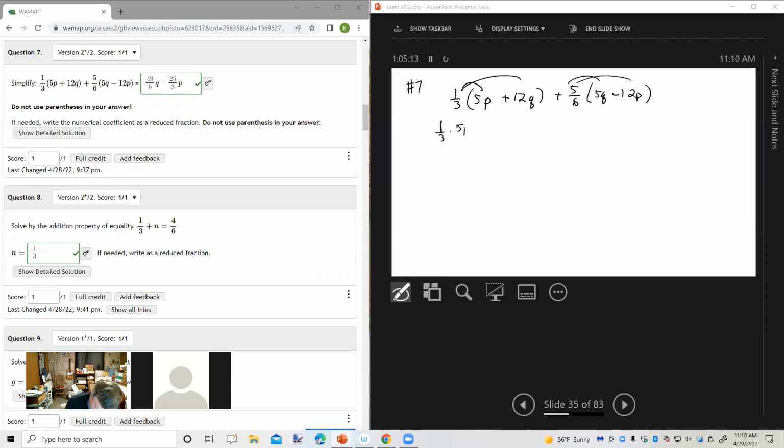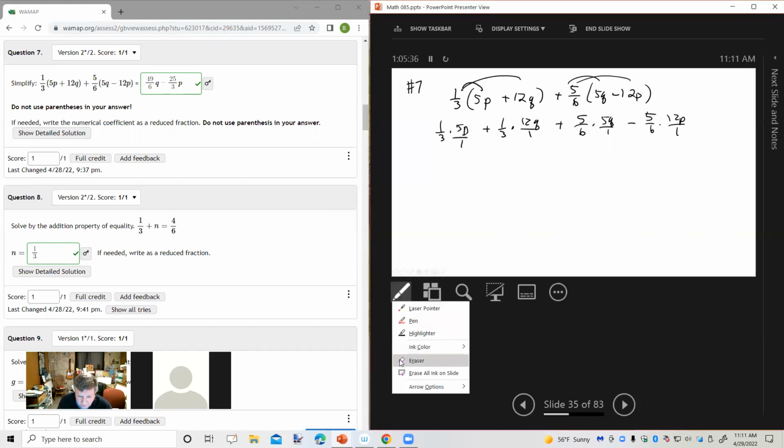1/3 times 5p plus 1/3 times 12q plus 5/6 times 5q minus 5/6 times 12p. And I put those all over one just to remind us of what's going on there. That's a really sad looking p there.